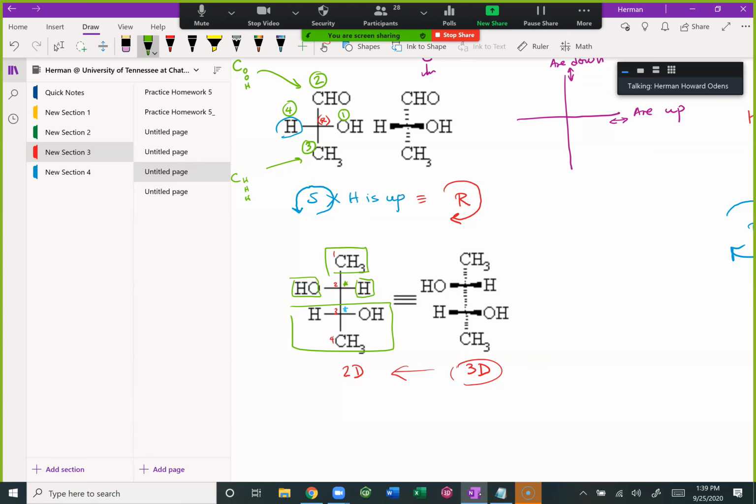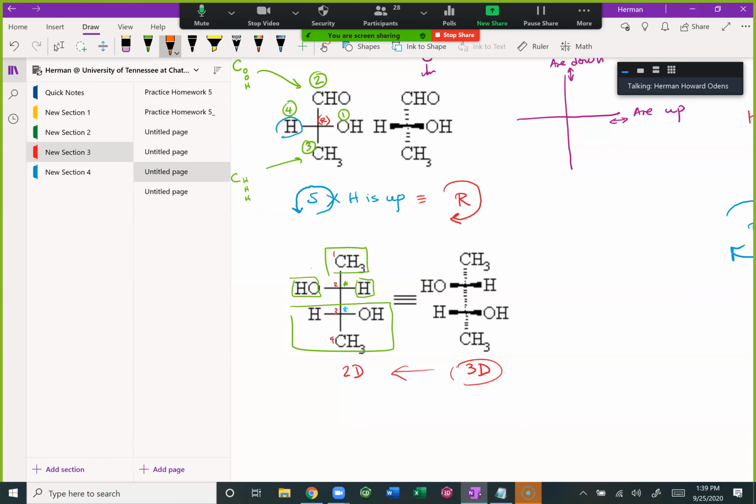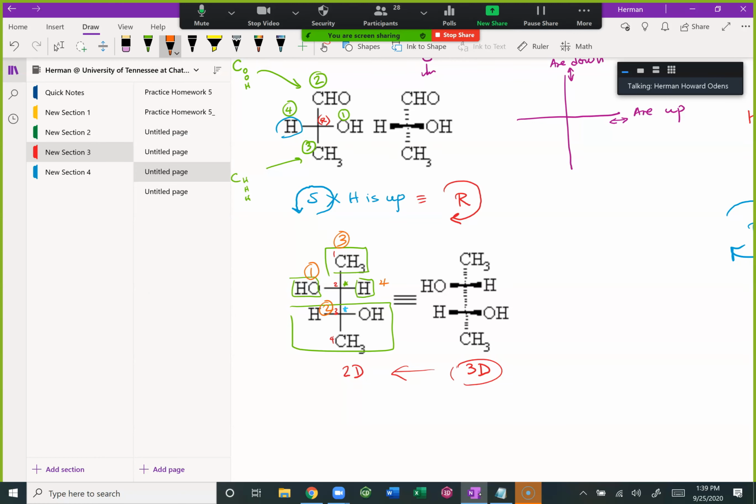So on carbon 2, I will have priorities. The OH will have the number 1 priority. Carbon 3 here will be the second one, because that carbon 3 has an OH group, the methyl is 3, and the hydrogen is 4.